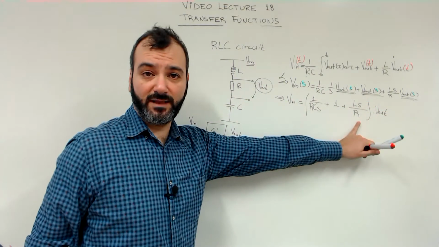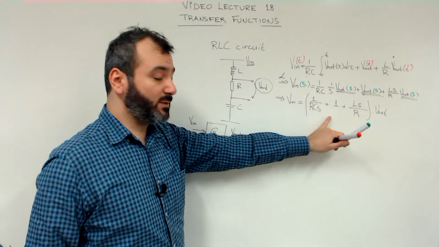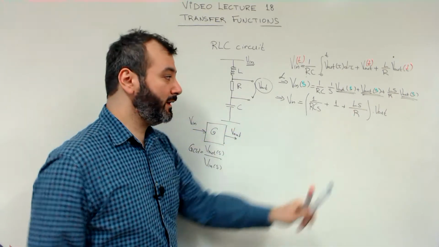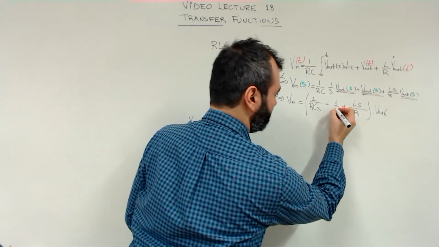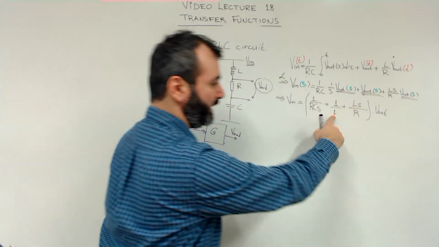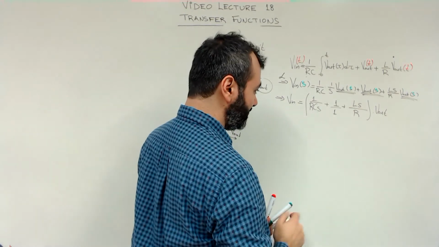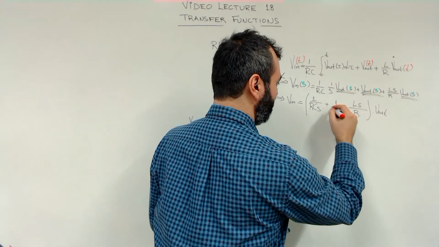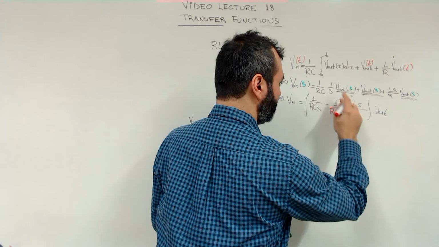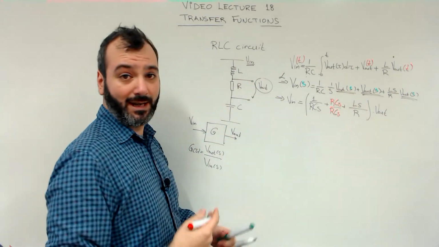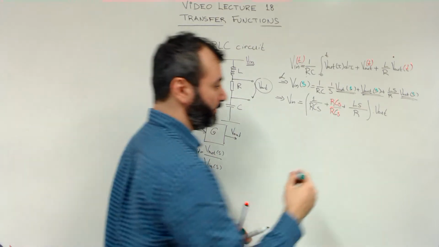This function inside the parentheses is a rational function indeed, although it's not entirely clear because we have different denominators. So this is the denominator 1, this is R, and this is RCs. But we can multiply the second fraction by RCs, and we can multiply the last fraction by Cs.